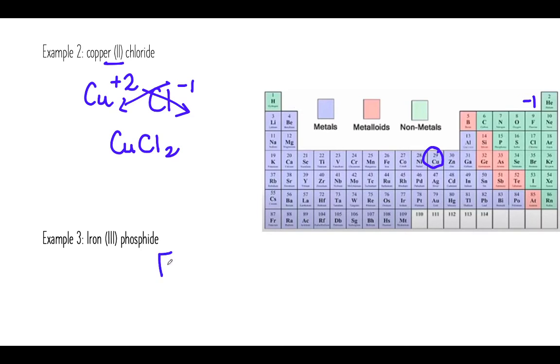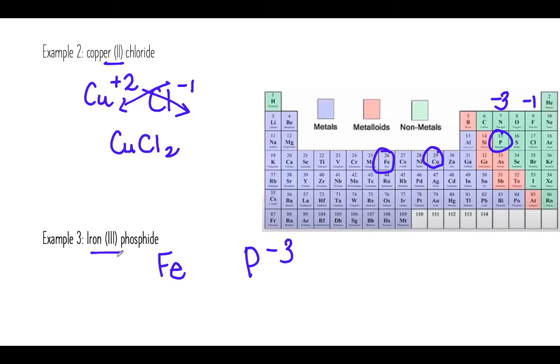So iron has the element symbol Fe, as shown here. Phosphide, I know we're talking about phosphorus, so P. So phosphide, or phosphorus, always has a charge of -3. I'm going to write that there. And iron has a charge of +3.